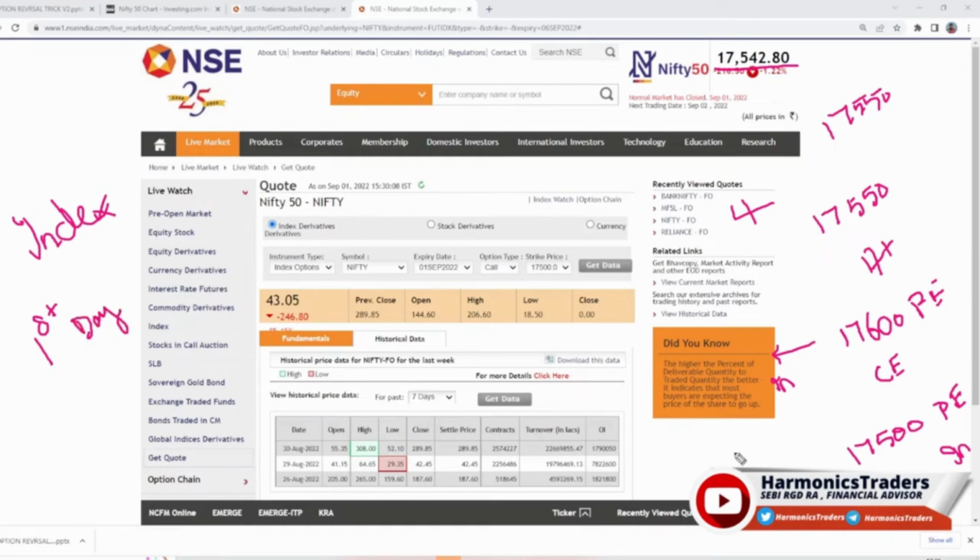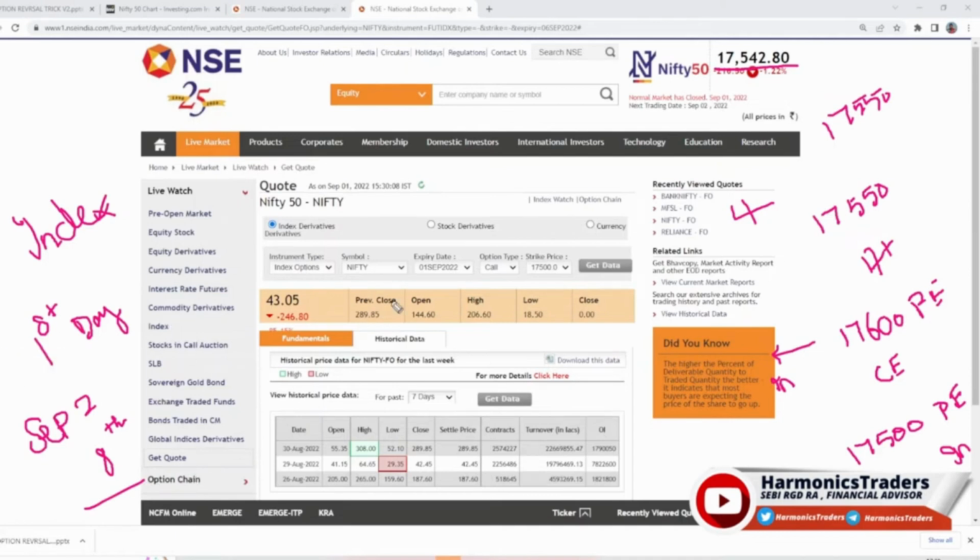For example, today is September 1, a Thursday, so today is the last day of this expiry. Tomorrow, September 2, is the first day of the new expiry, which is September 8th. So for the September 8th expiry, September 2 is the first day, and we are supposed to take the value at tomorrow's close. If you take the values on weekly expiry, those values are valid for that particular week.